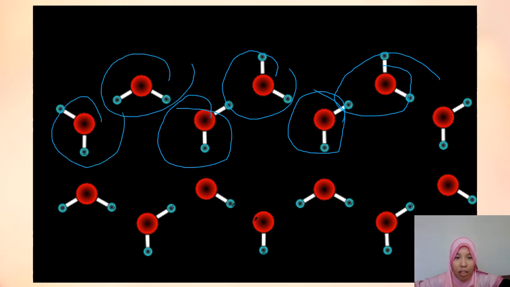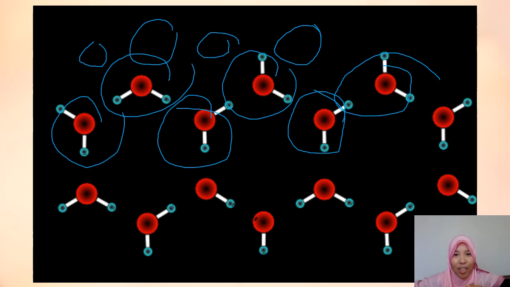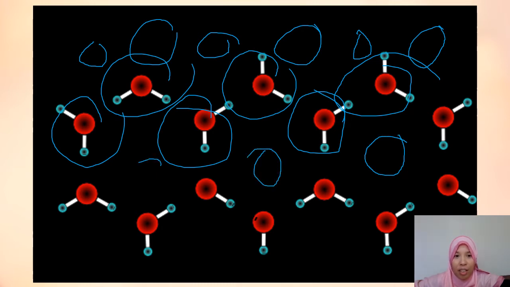Because they're in water, and there are so many other water molecules around them, there's no area without water molecules, so it's free and easy, and everybody's just around you, so the force is not that strong here.